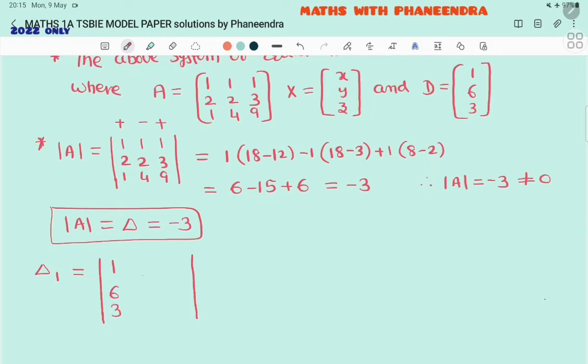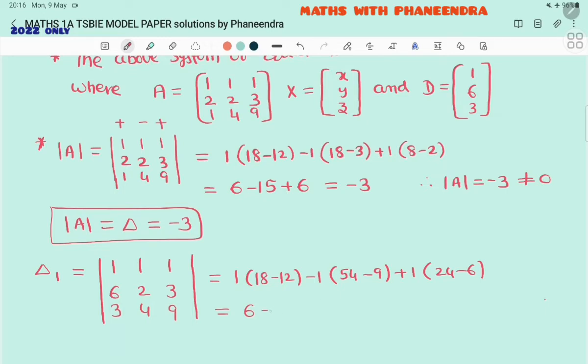The remaining second column, third column as it is: 1, 2, 4, 1, 3, 9, which is equal to 1 into 18 minus 12, minus 1 into 9 6 54 minus 9, plus 1 into 24 minus 6. 18 minus 12 is 6 into 1. 54 minus 9, 43. No, not 43.